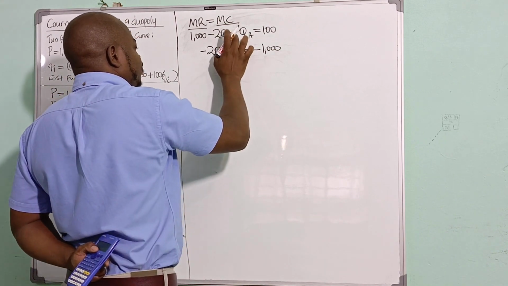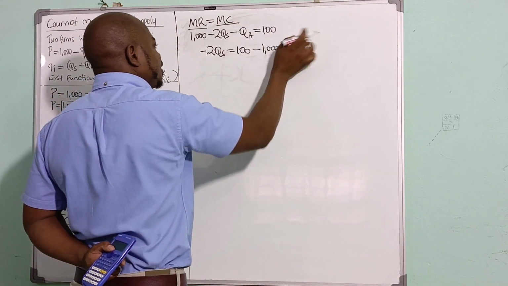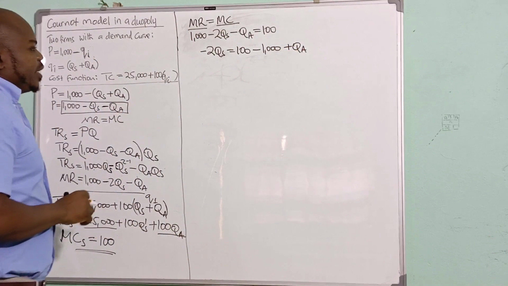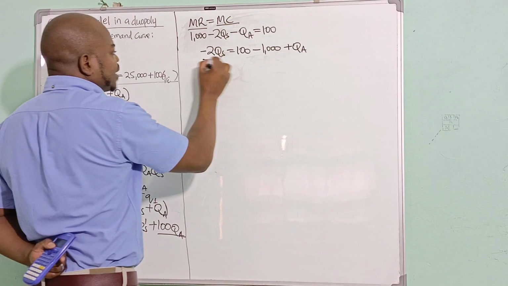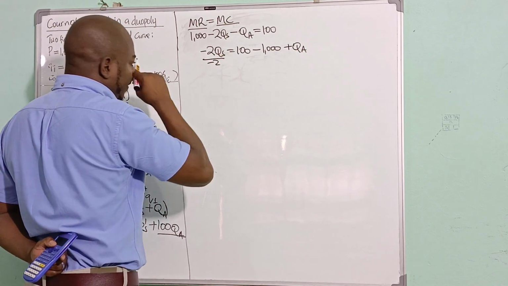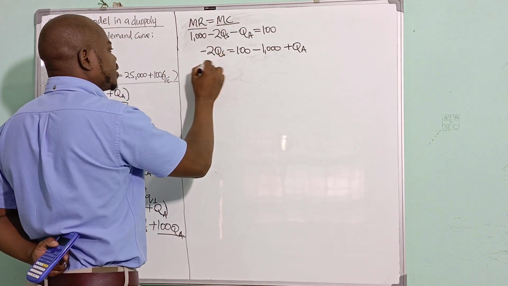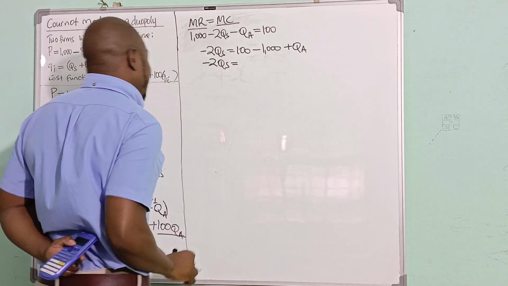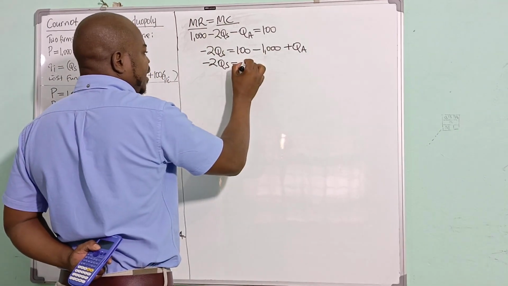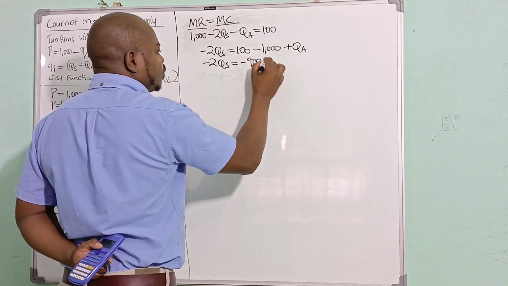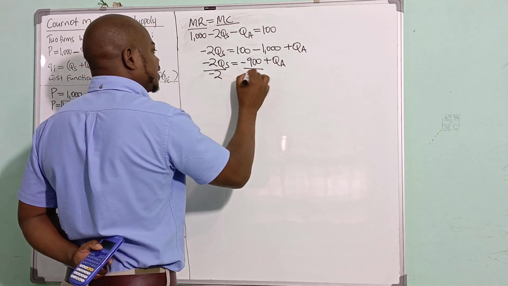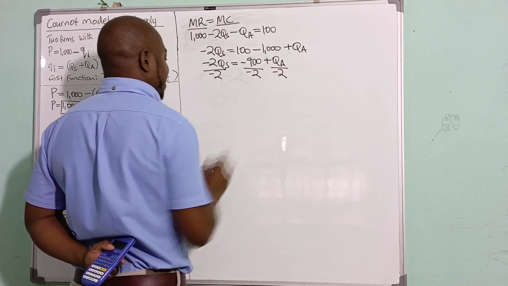And then a negative QA jumping to this side will be a positive QA. And then I need to get rid of the negative 2 here. Or maybe let me simplify it further so that it's easy. So 100 minus 1000, that gives me negative 900 plus QA here, and then negative 2 this side.